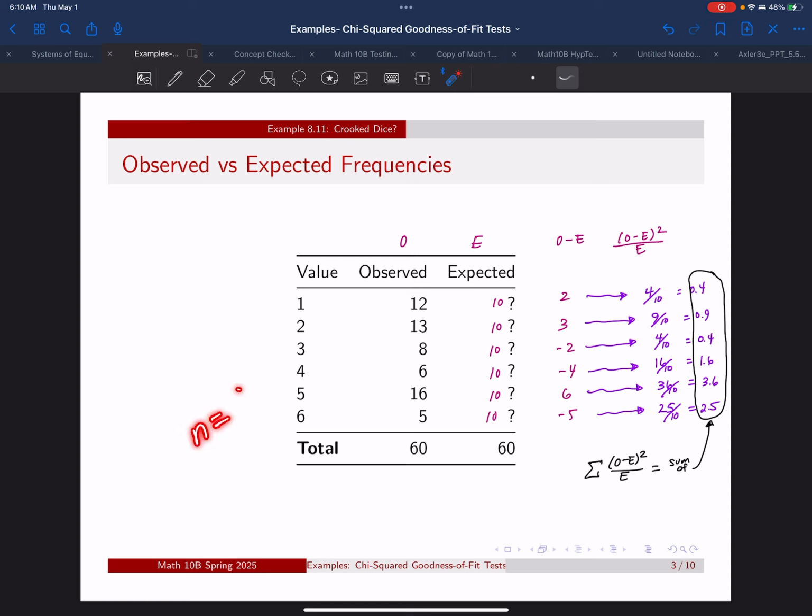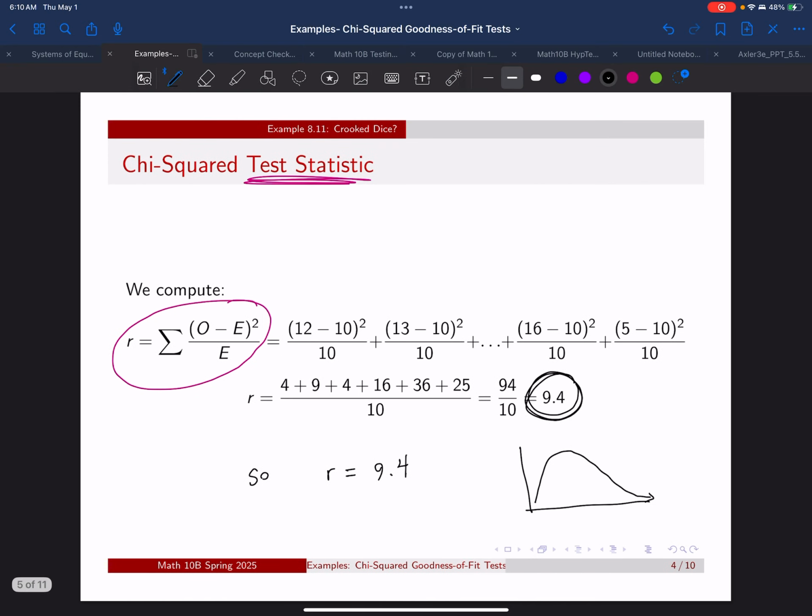Our n in this case is 6 because we have 6 categories. So n minus 1 will be the degrees of freedom. So this tells us that we're looking at a chi-square distribution with n minus 1, or 5, degrees of freedom.